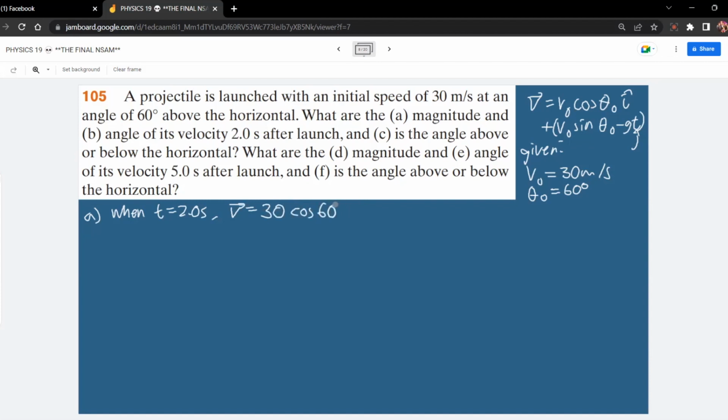So 30 meter per second times cosine 60 I hat. So 30 cosine 60 is 15, and then 30 sine 60 minus 9.8 times 2.